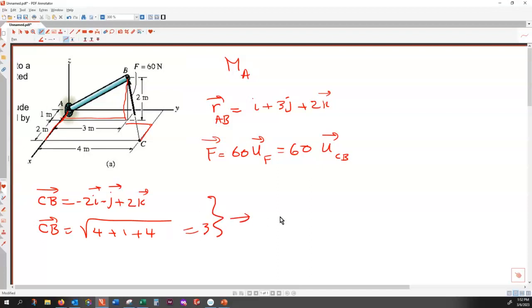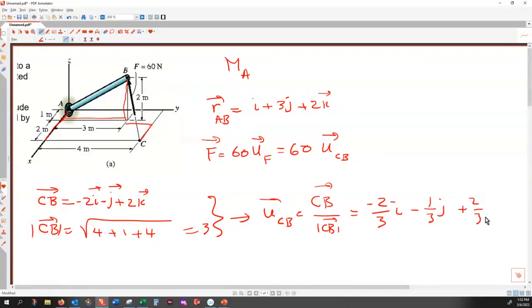Therefore, the unit vector of CB is CB itself divided by its magnitude, that is minus 2/3 i minus 1/3 j plus 2/3 k. And then all I have to do is multiply 60 by that unit vector.